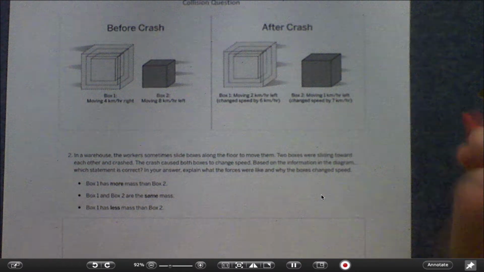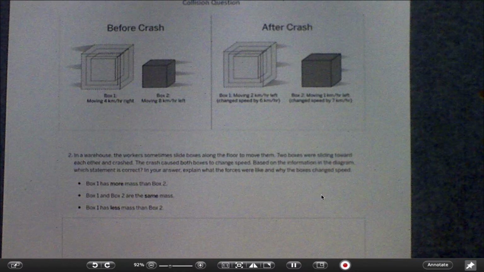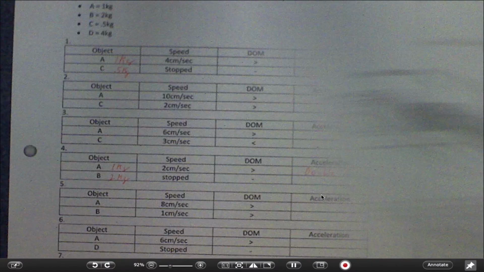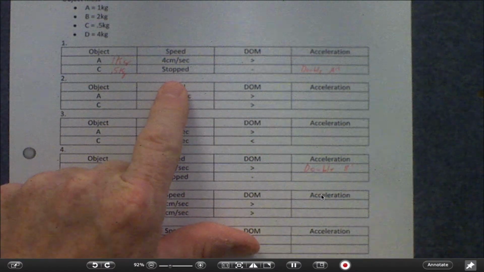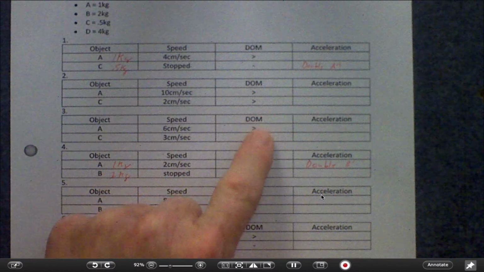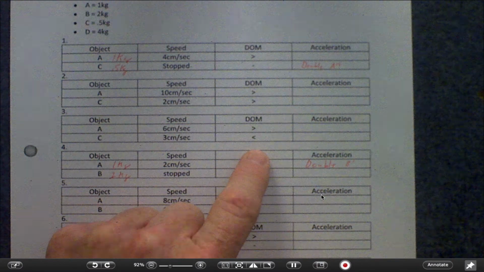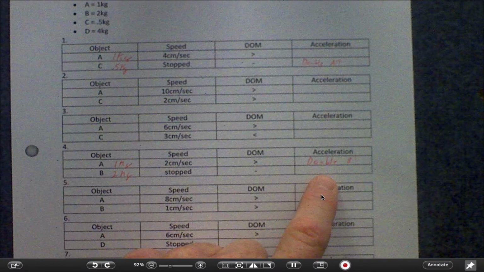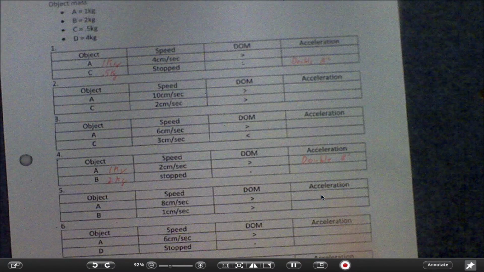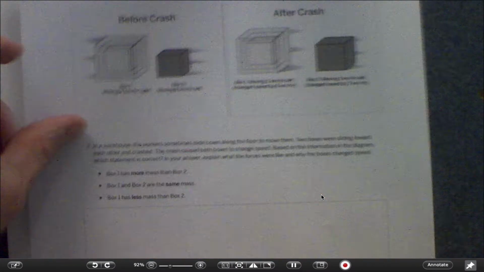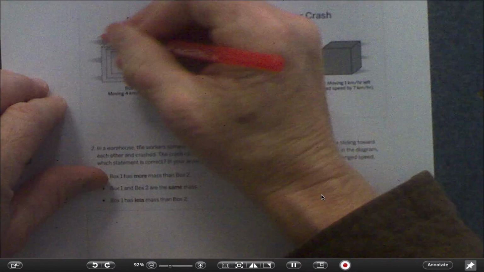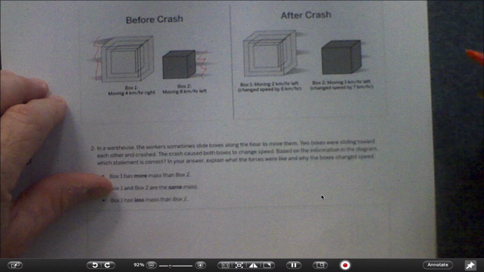We just found out in collisions that it didn't matter what the speeds were or what the directions were, because we changed those all the time and it never changed this acceleration pattern of double. That means on this one, we can totally disregard this bit on the direction the boxes went.